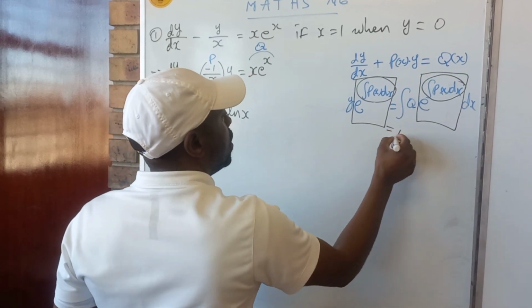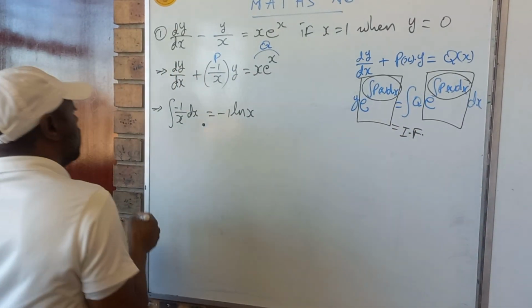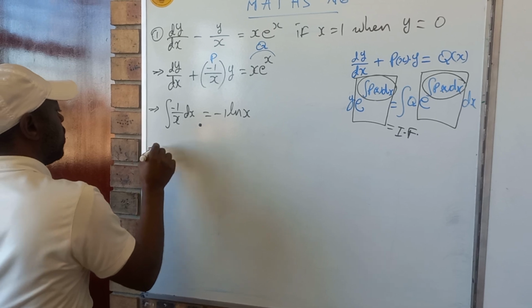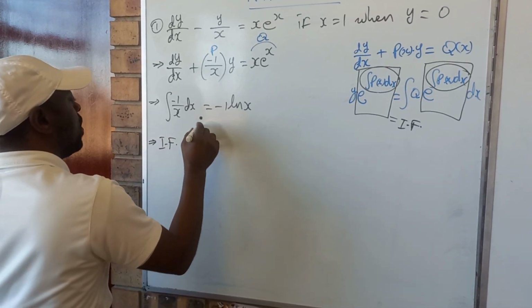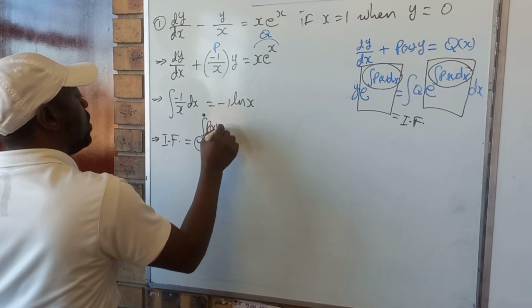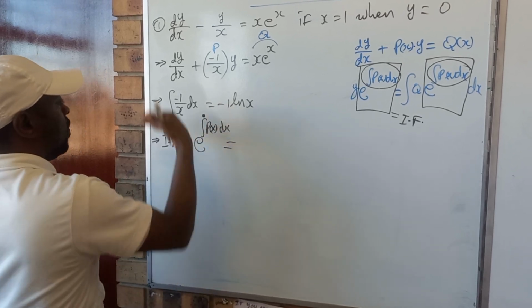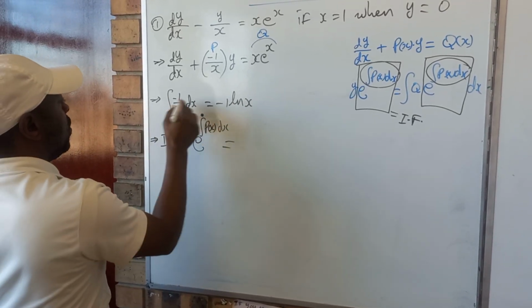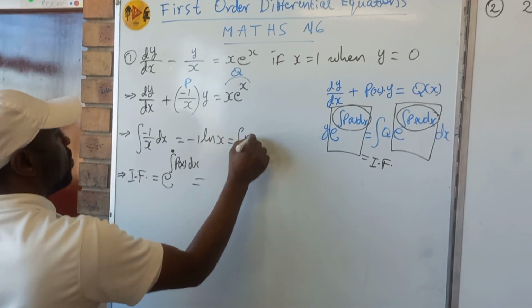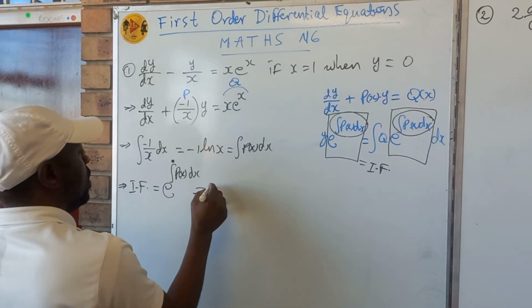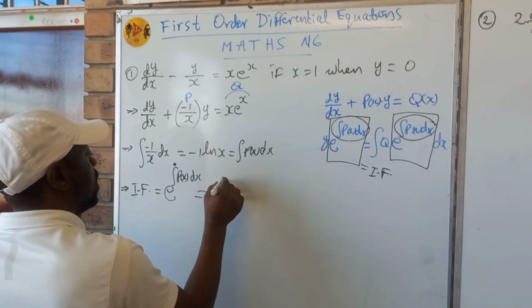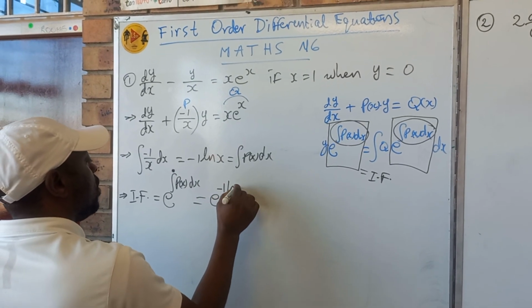We always call that the integrating factor. So my integrating factor, my definition is e to the power the integral of p of x dx, and from the previous step I've done that part here. This was the integral of p of x dx. So I'll just slot the answer here, which is e to the power negative 1 the ln of x.